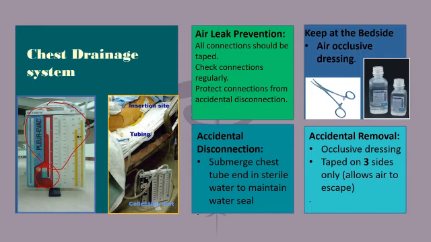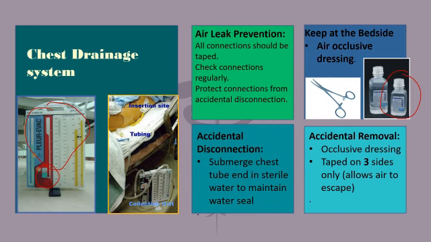You actually want to disconnect the chest tube from the device, and then submerge the chest tube in sterile water. Radiology is aware of that issue, and so usually if a chest tube is coming, they're going to have the 250 ml of sterile water available, or normal saline, and you just submerge it in. It allows for that place for the air to escape.